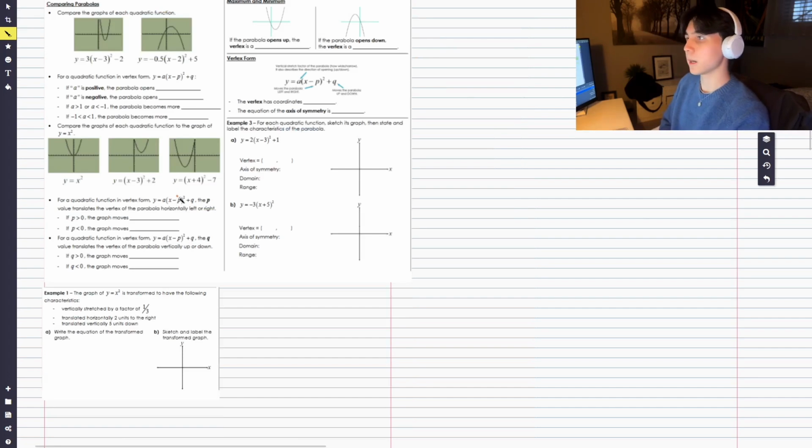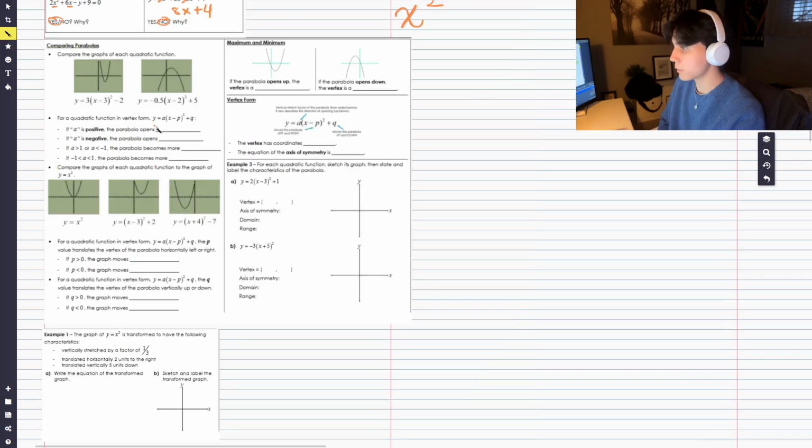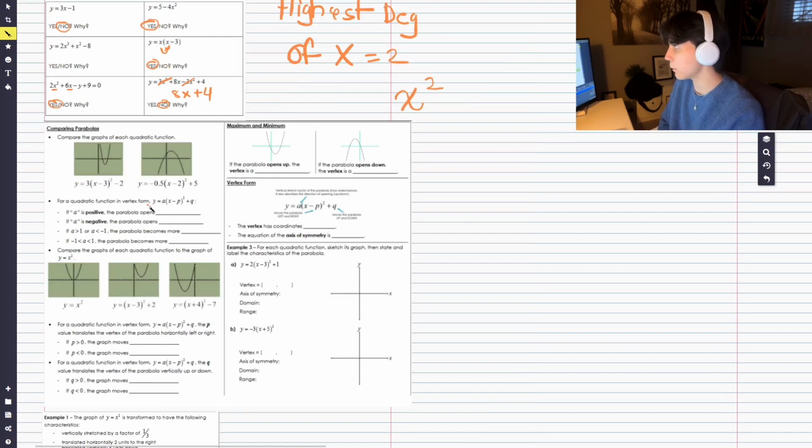Alrighty, comparing parabolas. For quadratic form and vertex form, we must use y equals a bracket x minus p squared plus q. If a is positive, so if our a value is greater than 0, then our parabola is going to open up.